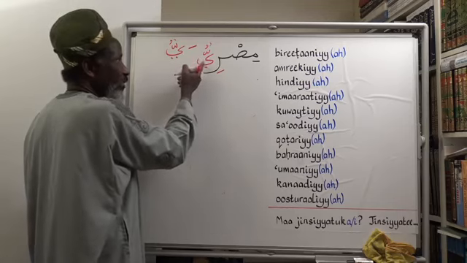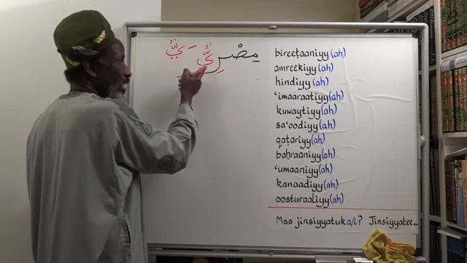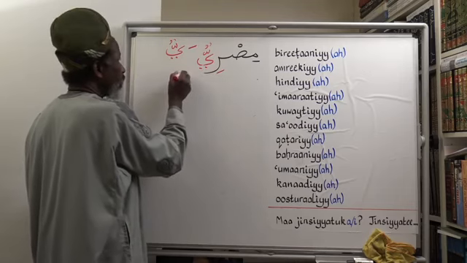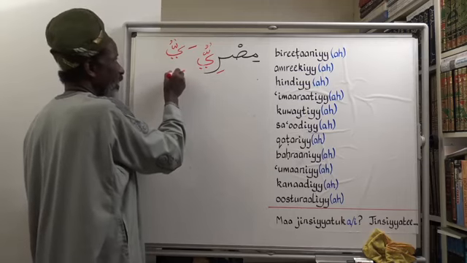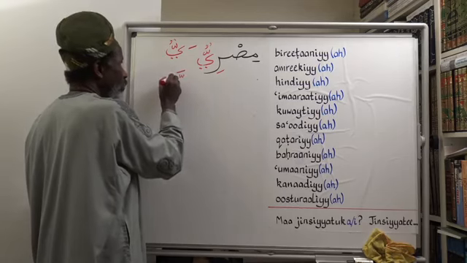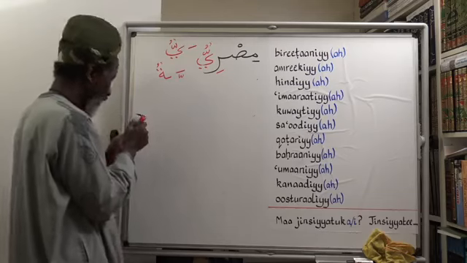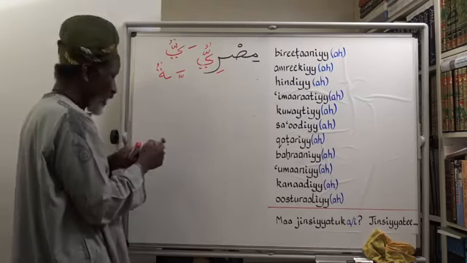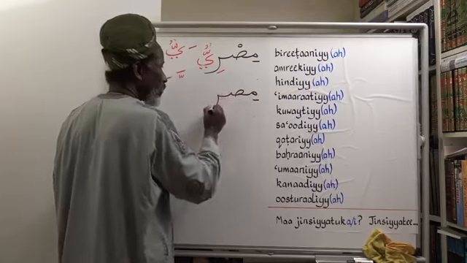You still need to add the ya, and this one. So we're going to have Iyatun. So you're going to have one shadda and then tun. It can be written like that. So Iyatun. Let's apply that. So we have Misr.